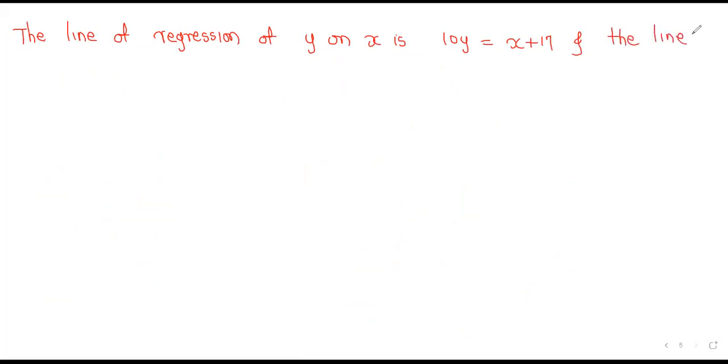The line of regression of y on x is 10y is equal to x plus 17, and the line of regression of x on y is x is equal to 5y minus 7.